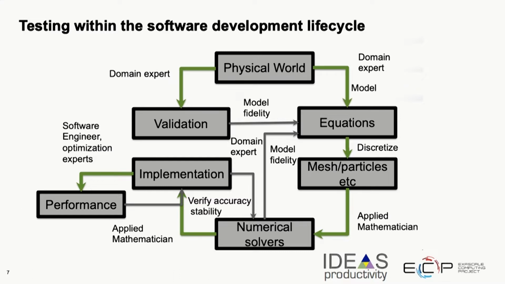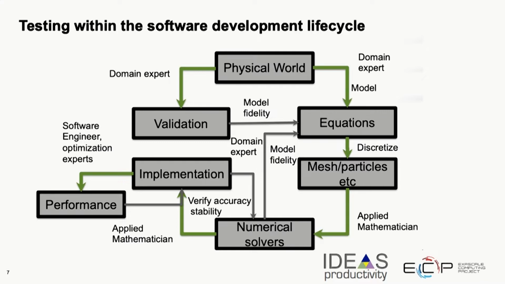What you do is you create a model for that phenomena that is in some sense a set of equations that capture its behavior. Once you have those equations, you will figure out a way of discretizing them, because that is what you need to do in order to write code for it. And then you will find numerical solvers that apply to those discretizations.